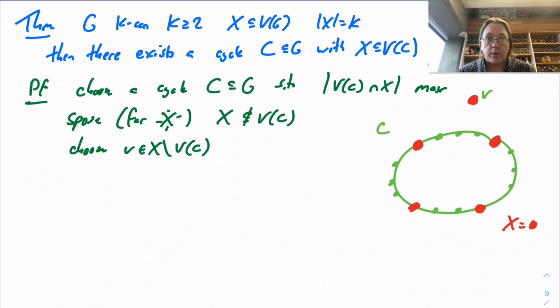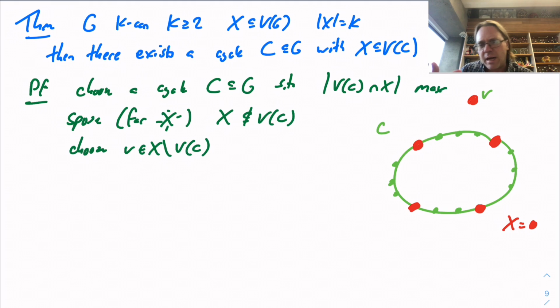And we're now going to lean on the fact that the graph is K-connected and our fan lemma to show how you can very easily take this cycle and use the fan lemma to construct a better cycle.